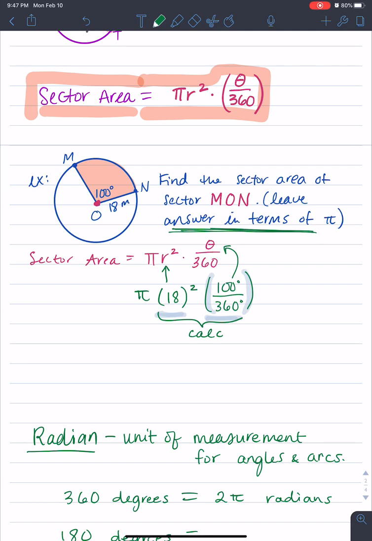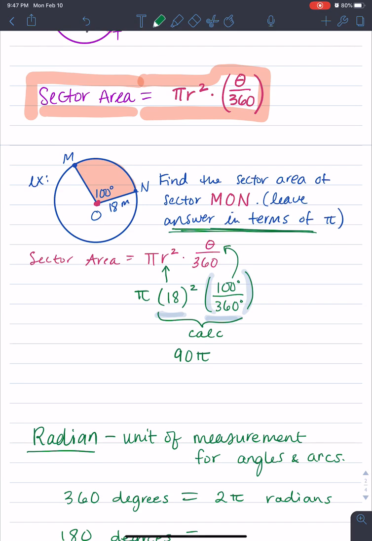And 18 squared, that's going to be 324. Multiply that by 100 divided by, sorry, divided by 360, not 36. It looks like we're going to get 90 pi, right? 324 times that divided by that.